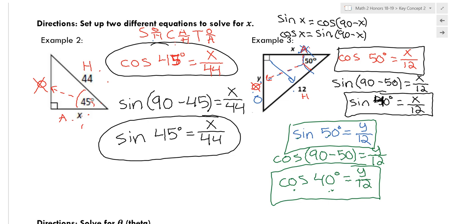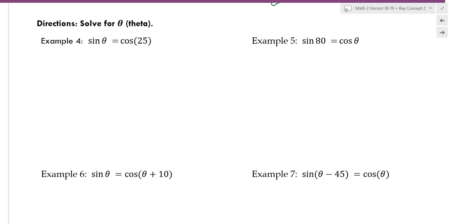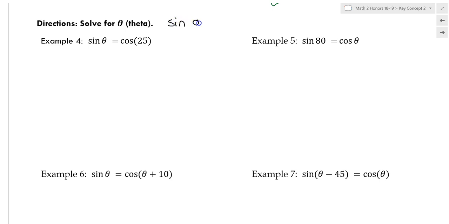All right, let's look at our last set of problems that we're going to do with this. For this one, we're going to use the other part of what our complementary angle theorem says, or the other way of writing it, right? If sine A equals cosine B, then A plus B equals 90.